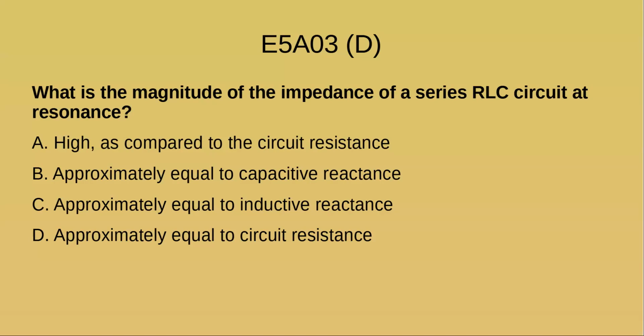We got a Charlie. Yeah, I don't know. Michael, you're being quiet. Yeah, I am, but I'm looking at D, it says approximately equal to circuit resistance. Yeah, and that's what we talked about at resonance, that it's about what the resistance is. Equal to or less than. So you think it's D? I think it's D. 2 Ds, 1 C.